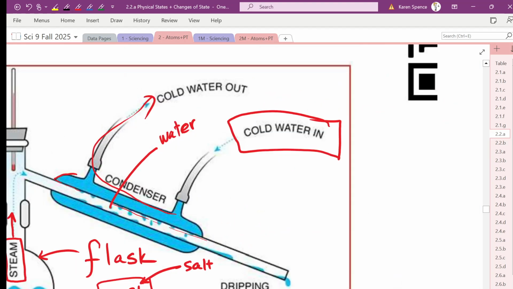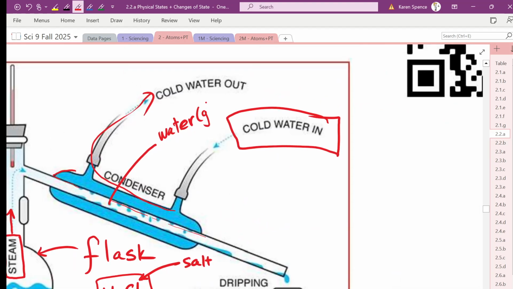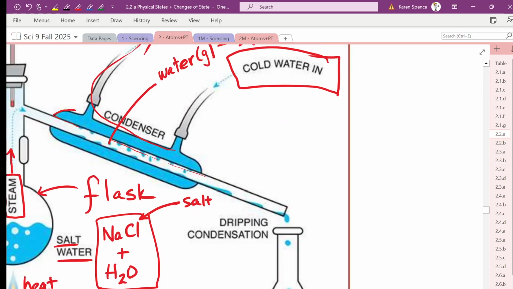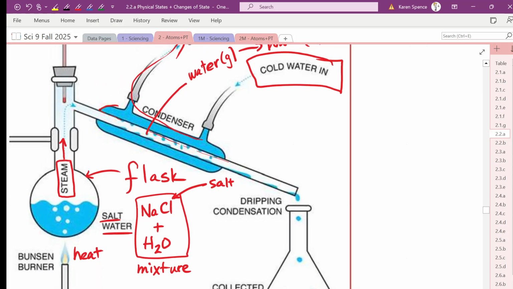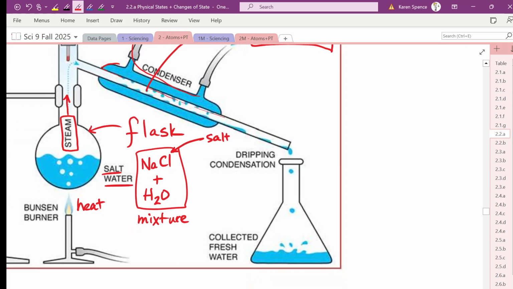The gas is going to turn into water. What state will it be now? Liquid. So now we have liquid water and it will drip, and then you can collect the fresh water.